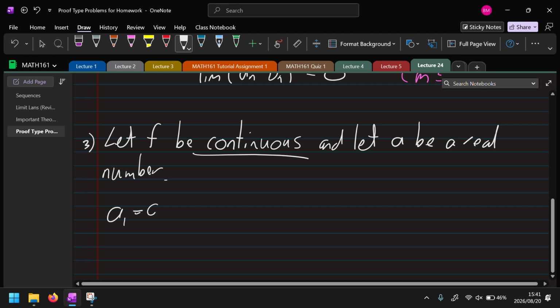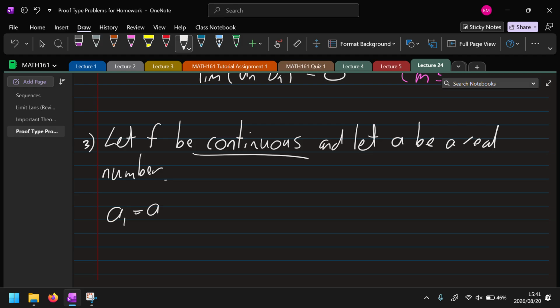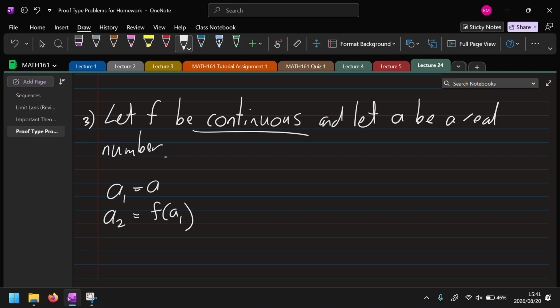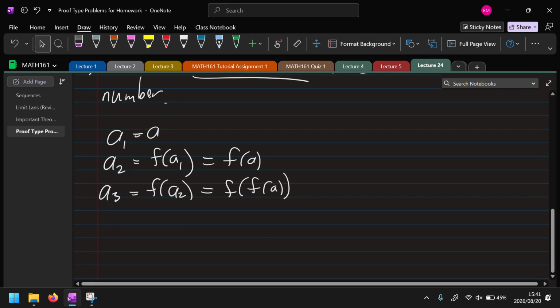So a1 is just a, whatever number we pick, that's what we start with. a2 is f of a1, but a1 is just a, so we can write this as f of a. a3 is f of a2, but a2 is f of a, so we have f of f of a. It's always the function of the previous thing, and so on.